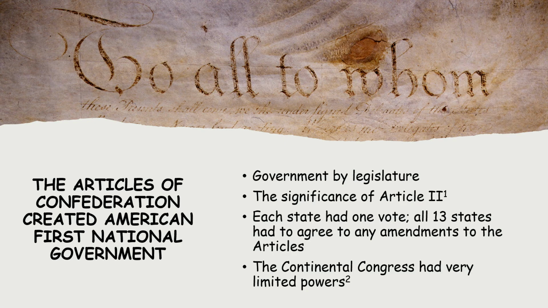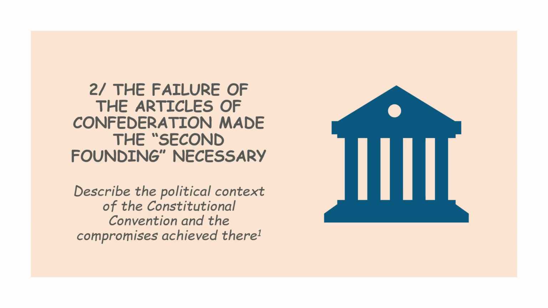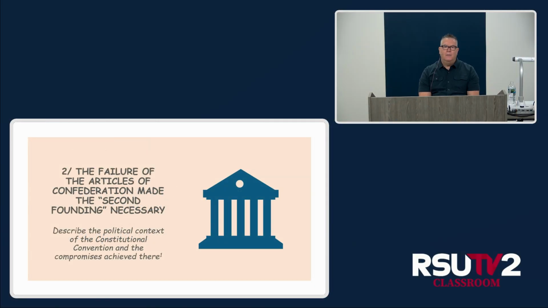Okay, because they really have no capacity to actually do the things that we expect governments to do. And so unsurprisingly, over time, the colonies began to drift under the Articles of Confederation. And they were drifting in a very dangerous direction. There were increasing conflicts between the colonies over westward expansion.